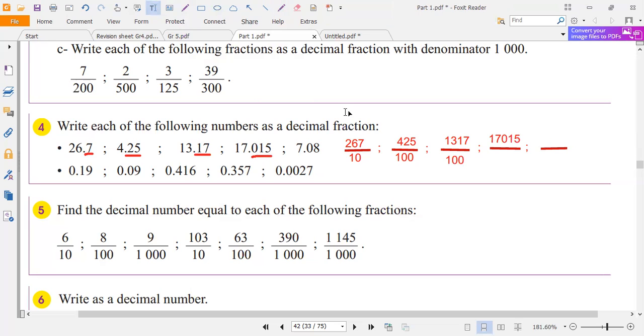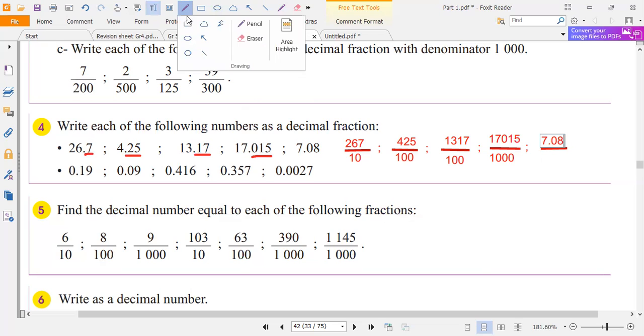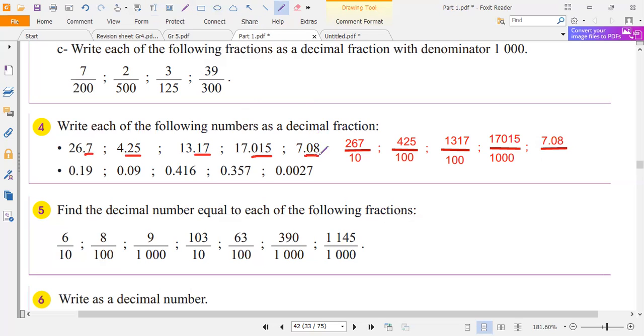So the denominator is 1000 because 1000 has 3 zeros. Now 7.08. We write the number without points in the numerator. Two digits after the point, so two zeros. So the denominator is 100.